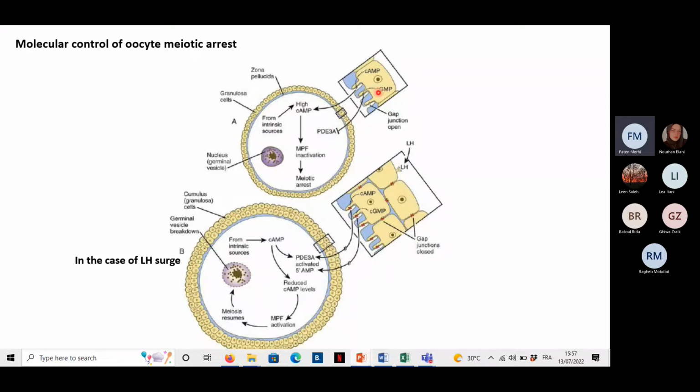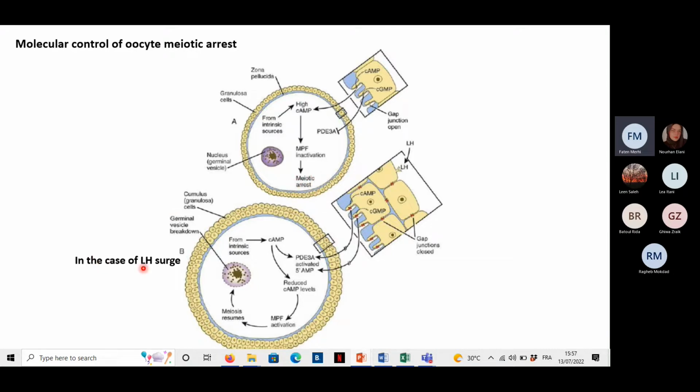And the cyclic GMP, as we have said, inhibits the hydrolysis of the cyclic AMP. So as long as we have cyclic GMP coming inside of the oocyte, the cyclic AMP levels will be maintained high and the MPF will be inactivated, okay? And then we will have a meiotic arrest in the prophase 1.